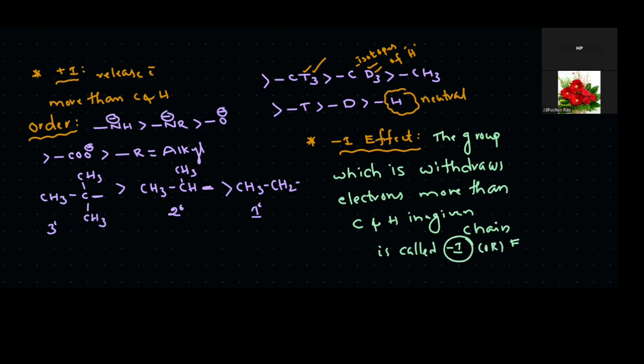In the earlier case it was called electron releasing group. These groups are now called electron withdrawing groups. So we will discuss the order of these electron withdrawing groups with examples.